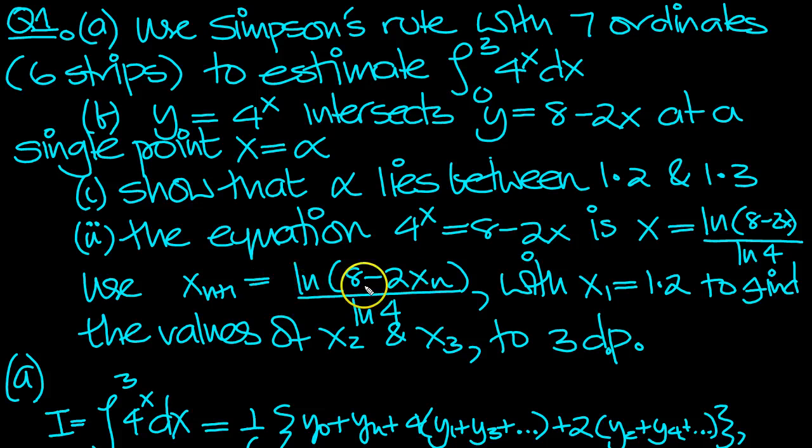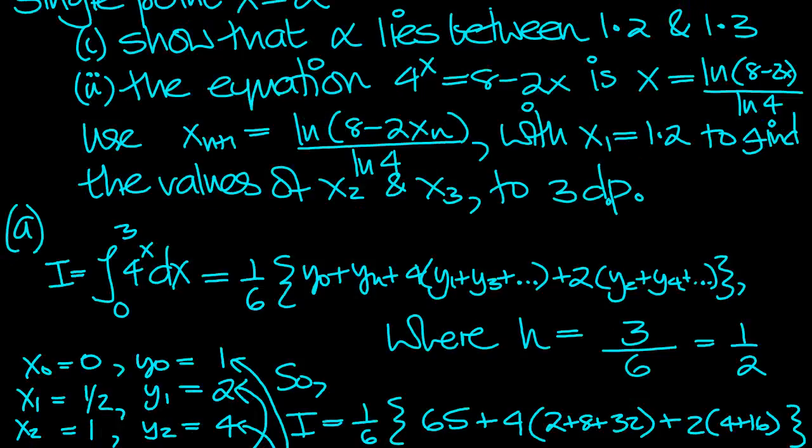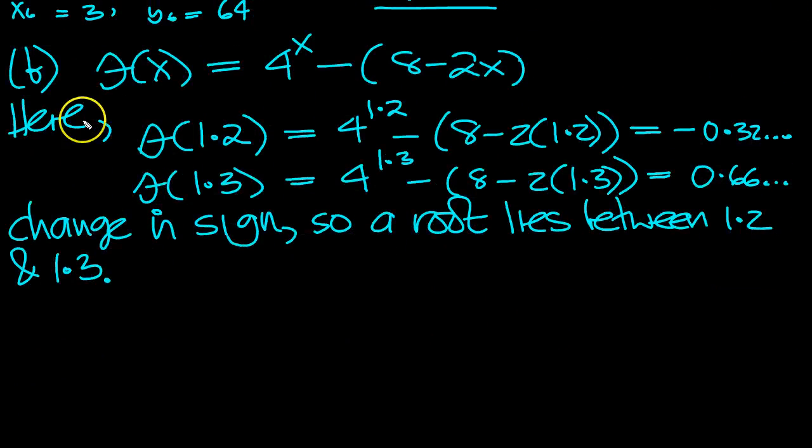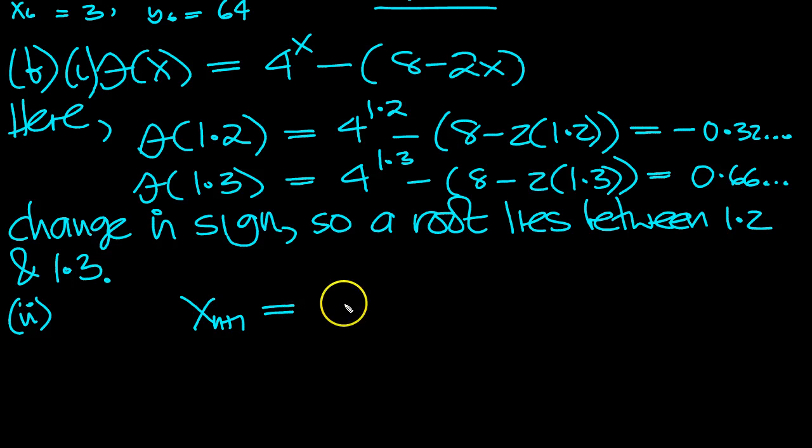Okay, part 2 then. The equation can be arranged in this form. We need to use this iteration formula with the x1 value to find x2 and x3. So x(n+1) is equal to, what was it?